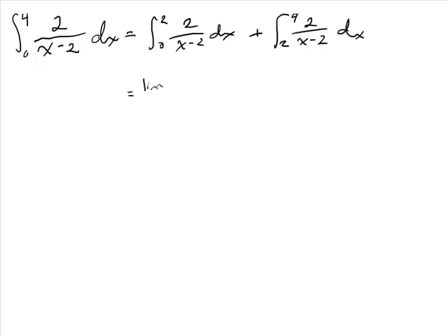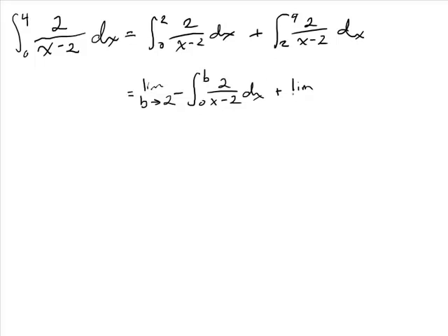So we're going to be looking at the limit as b goes to 2 from the left, because we're coming from inside the interval, of the integral from 0 to b of 2 over x minus 2 dx. And very similarly, I'm going to use a different letter here.